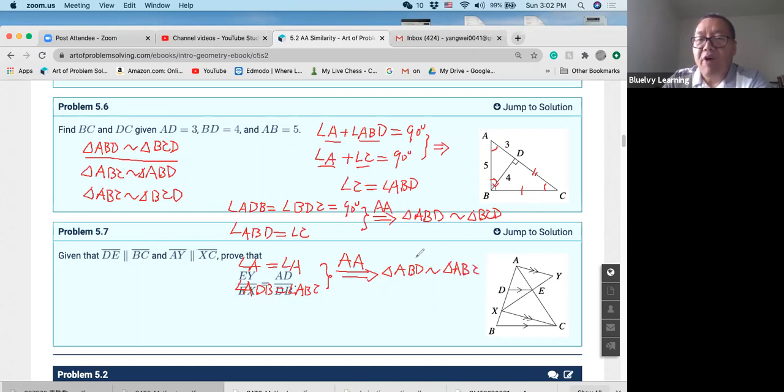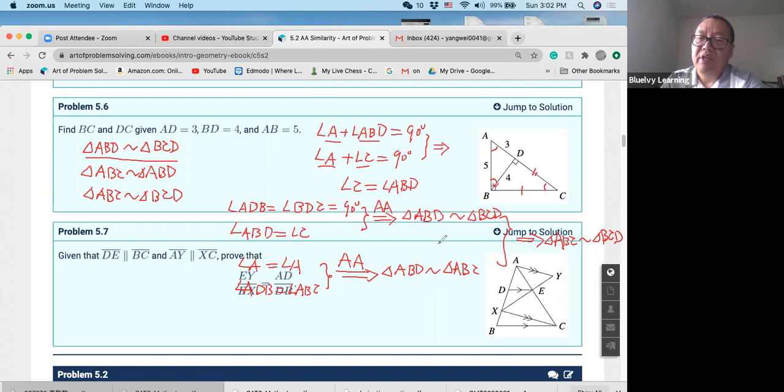Then for the third one, I don't even need to prove this one at all. ABD is similar with ABC. ABD is also similar with BCD. Combining these two, we can get triangle ABC similar with triangle BCD. Say you have three triangles. ABD is similar with ABC, ABD is also similar with BCD.